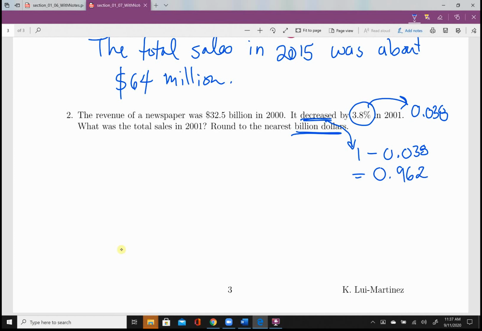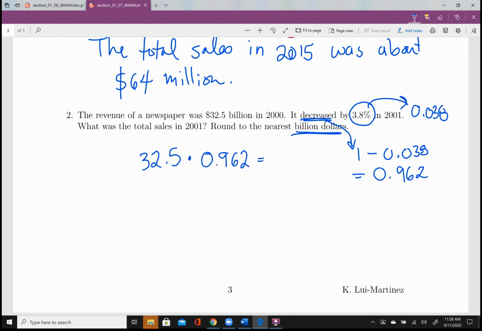Now let's go ahead and multiply that by the 32.5 billion, which was the revenue in the previous year, because when you're talking about it increasing and decreasing from year to year, you always have to base the calculation on what happened the previous year. So if we need total sales in 2001, which is what they're asking us, we need total sales in 2000 multiplied by the appropriate multiplier, which we just calculated here, of 0.962.